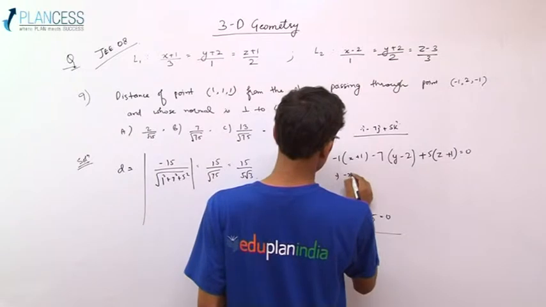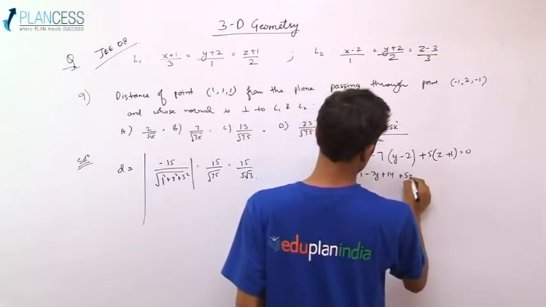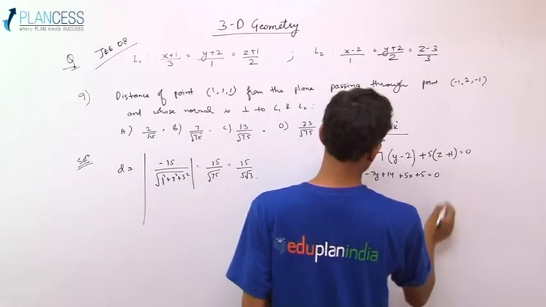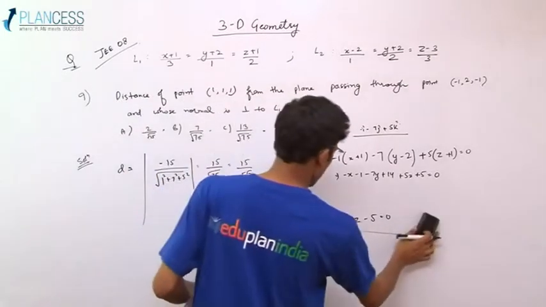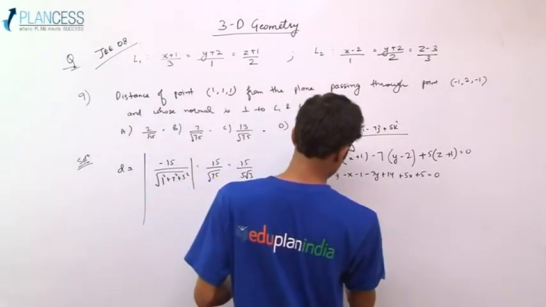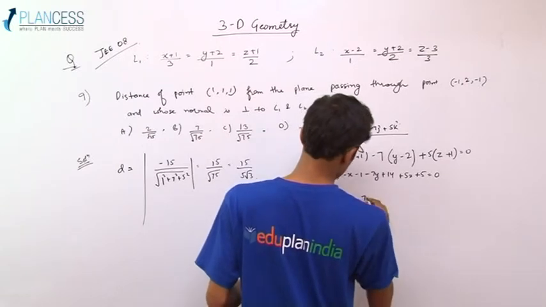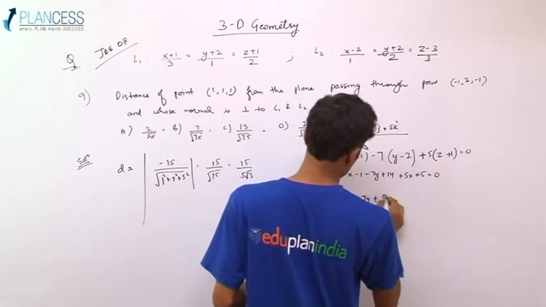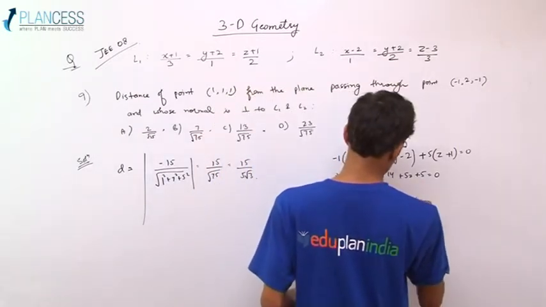So this is minus x minus 1 minus 7y plus 14 plus 5z plus 5 is 0. Let's simplify it. So this is minus x minus 7y plus 5z. Minus 1 plus 14 is 13, plus 5 is 18, is 0.